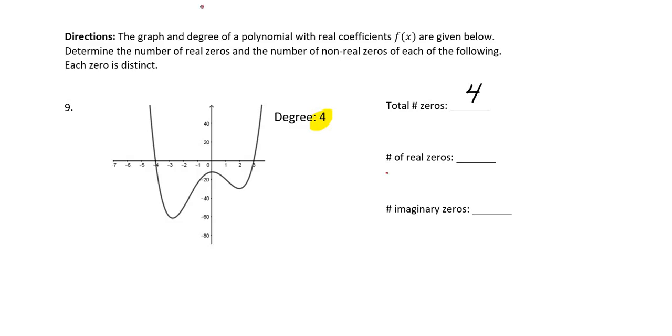The number of real zeros are my number of x-intercepts, which is at this point and this point. So I have 2 x-intercepts, so 2 real zeros. So that means I'm going to have 4 minus 2, 2 imaginary zeros.